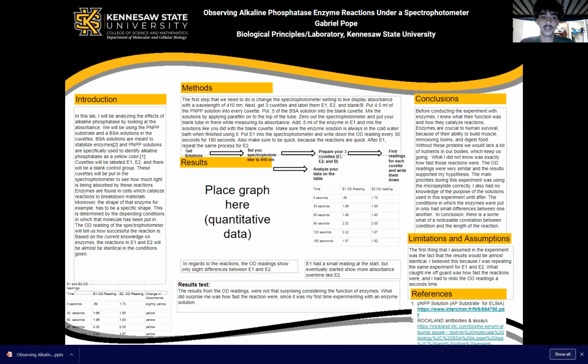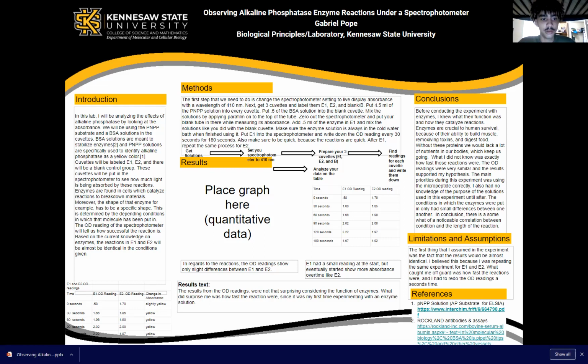And some background on enzymes as well. Enzymes are found in cells and catalyze reactions, and they break down certain materials that we eat, like sugar, alcohol, or anything that we consume.